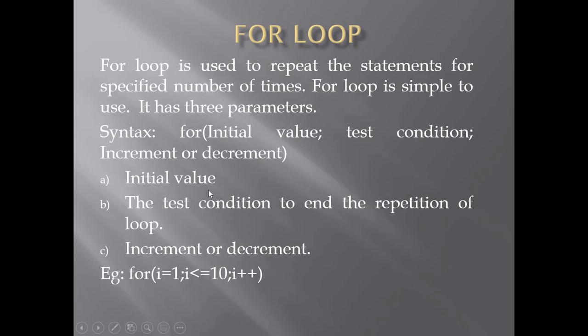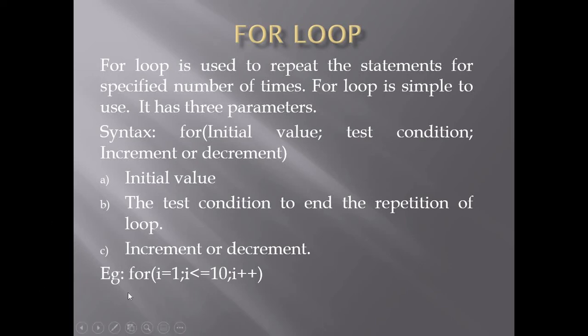The value which is initialized at the beginning will be incremented or decremented after every iteration, so that it reaches the end value. So with the help of these three parameters, the operations included in the block are executed repeatedly for some number of times.